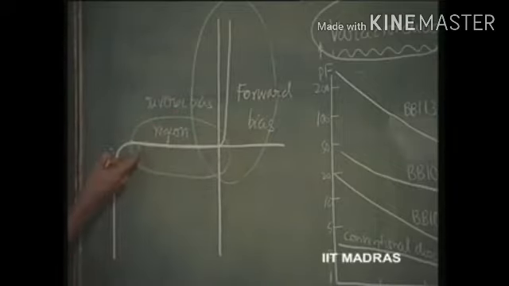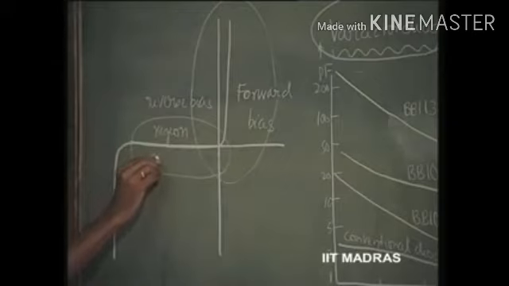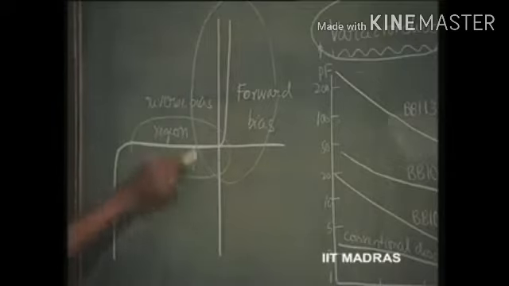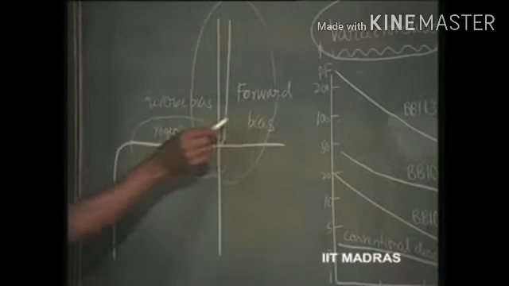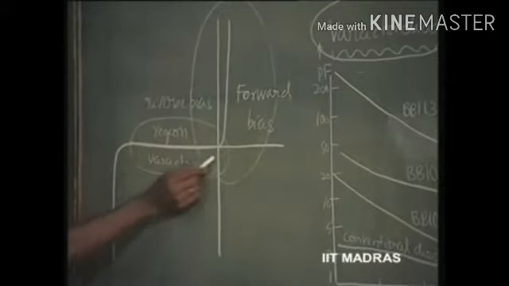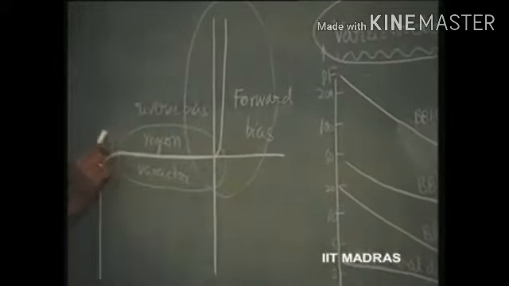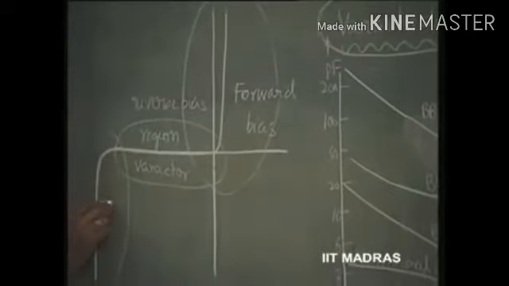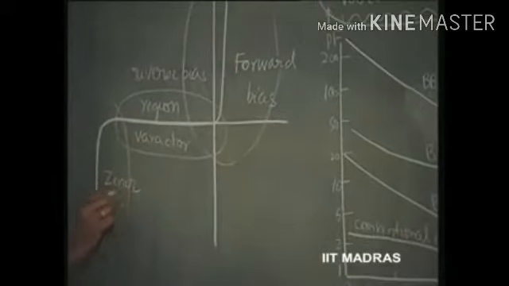Here, it is having infinite resistance in this region. It is in this region that it is used as a varactor. It is in this region it is used as a rectifier diode. It is in this region it is used as a varactor. It is in this region it is used as a Zener diode.